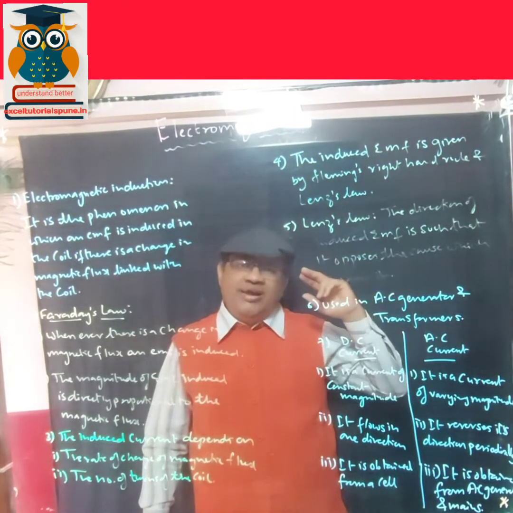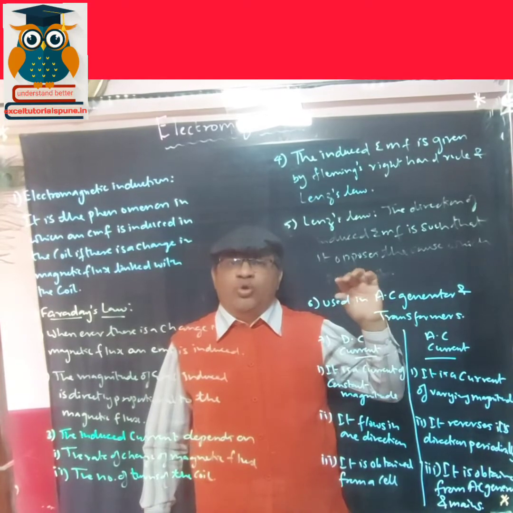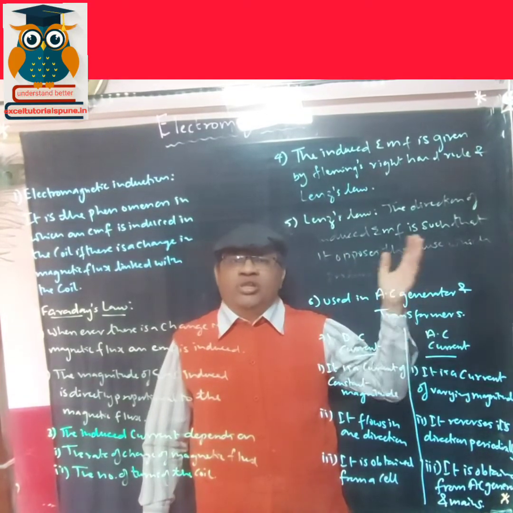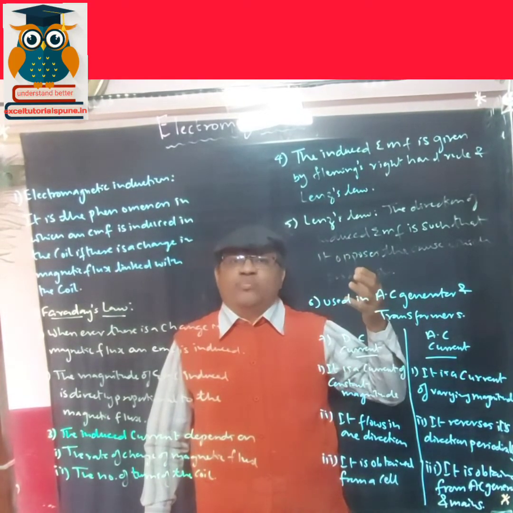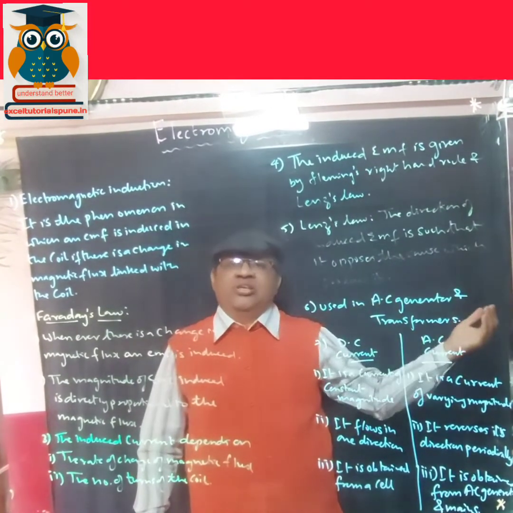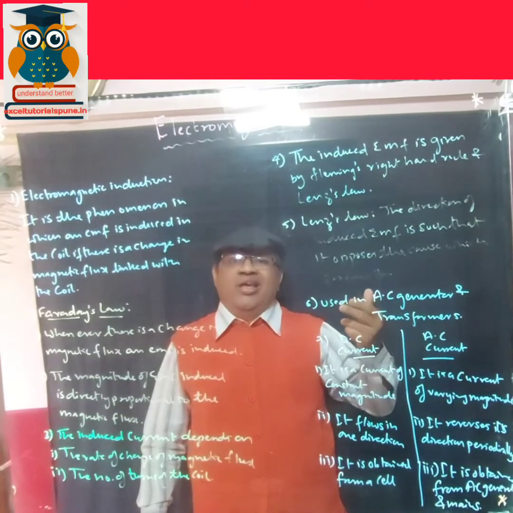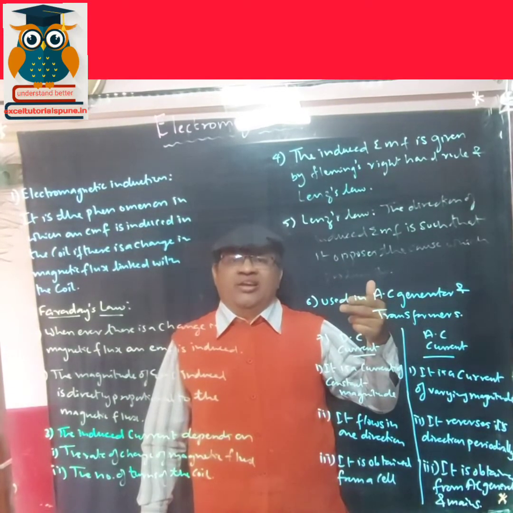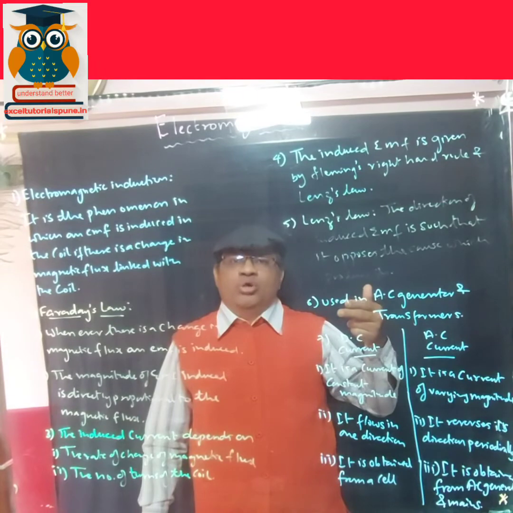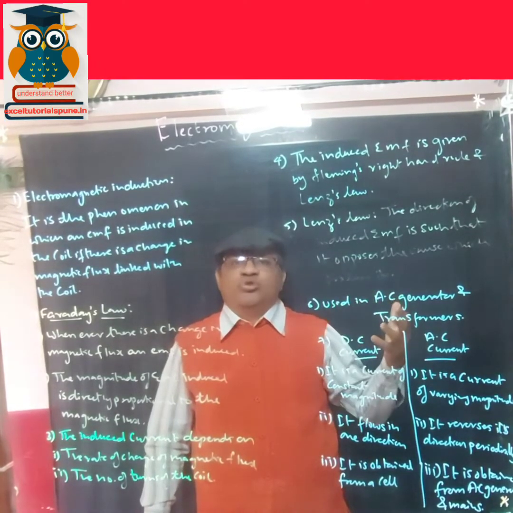And if you take that north pole magnet away from the solenoid, then the polarity of the solenoid changes from north to south. And if you bring the south pole of the magnet next to the solenoid, the polarity at the end near the magnet will be, of course, south. So it is such that it tries to oppose the movement.